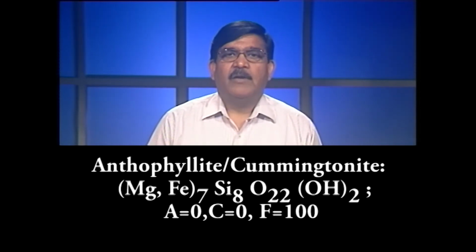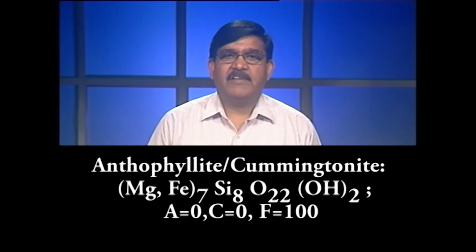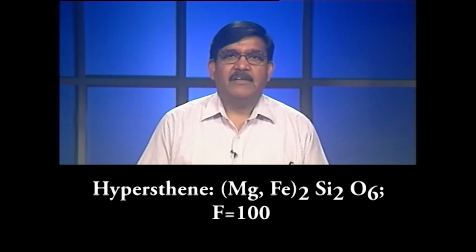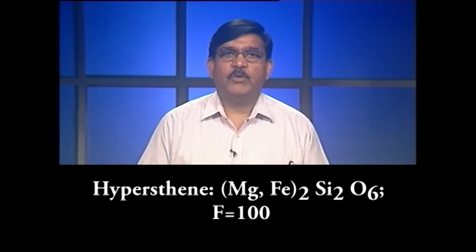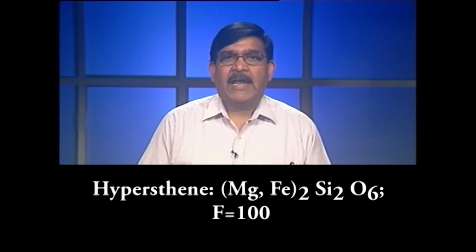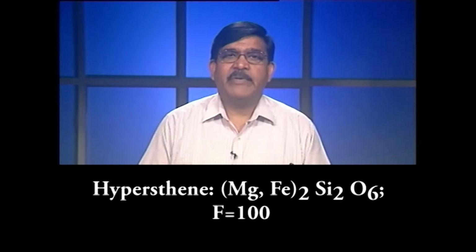Therefore, A equals 0, C equals 0 and F equals 100%. Hypersthene, the formula is (Mg,Fe)2Si2O6. The value of A equals 0, F equals 100% and C equals 0. Therefore, the plot will be exactly on the F corner.